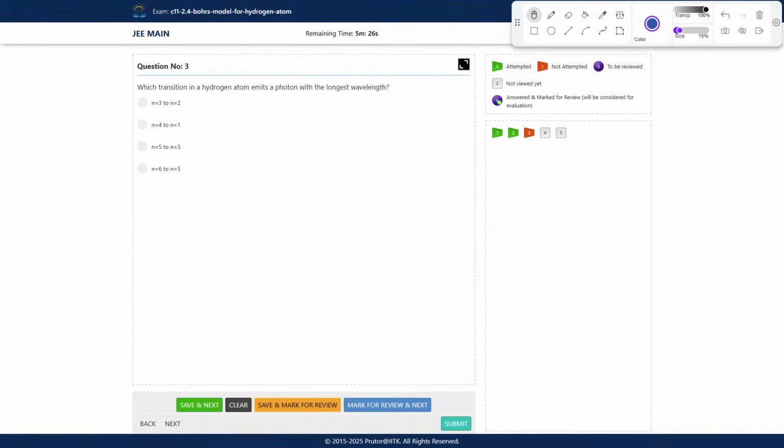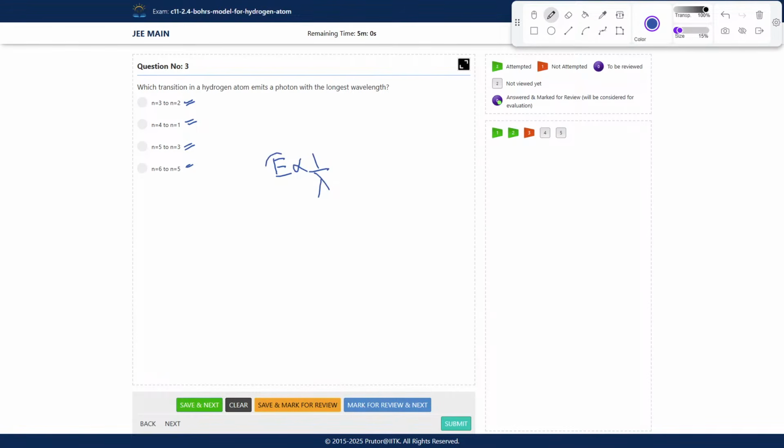Our next question, which transition in a hydrogen atom emits a photon with the longest wavelength? Out of this, which will emit the longest wavelength? How we will solve it? So for that, you should remember that the relation between energy and wavelength is an inverse one.